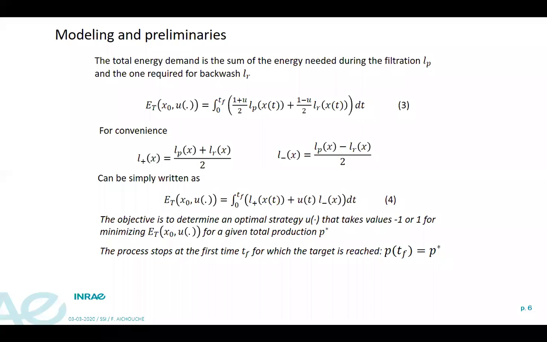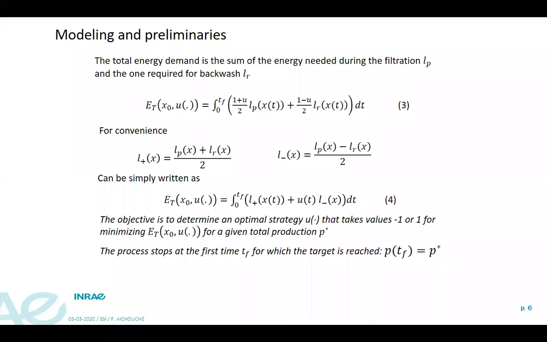It is obvious that the total energy demand is the sum of the energy needed during the filtration Lp and the one required for backwash Lr, such that the total energy Et equals equation 3. In the same way as for x(t), for convenience, we define L plus and L minus. And the expression of total energy Et becomes as equation 4.